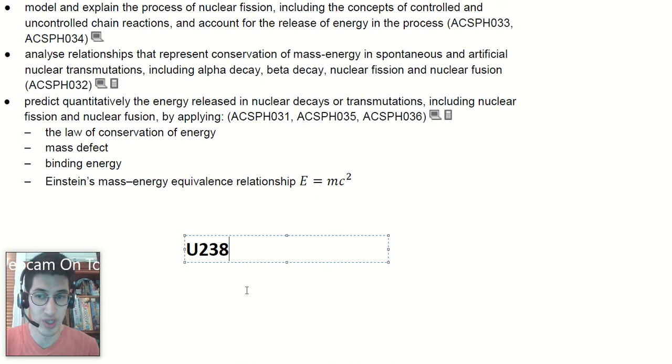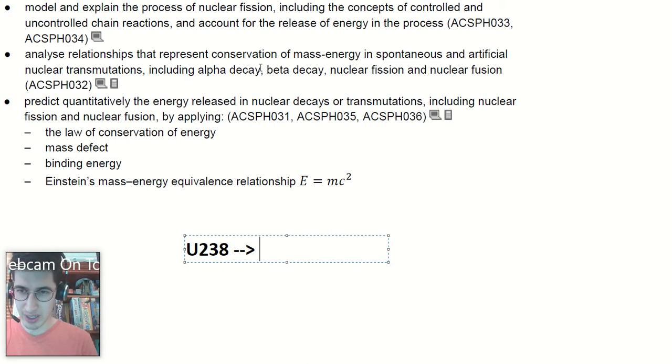If it absorbs a free neutron, then that's going to make it even more unstable and it will very readily split into two. Okay, so there are lots of different combinations that it can split into. Let's say, just for the sake of argument, that it's splitting into strontium and xenon.